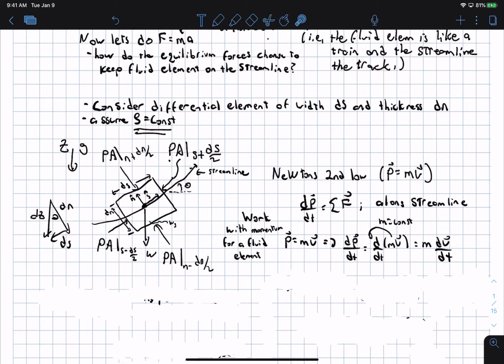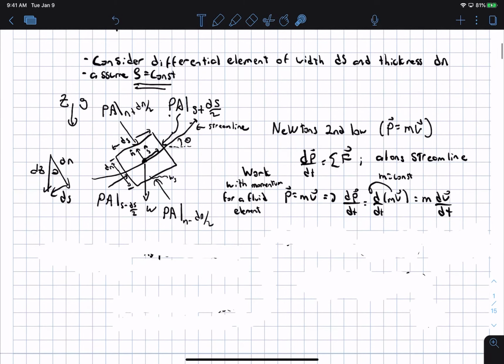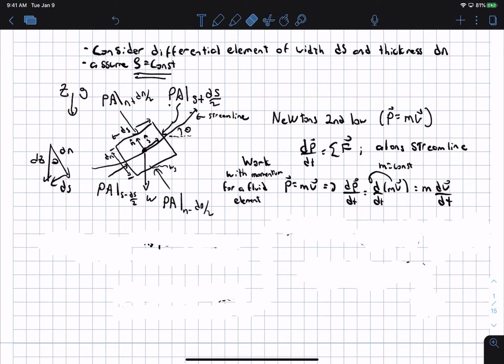But we do need to be very, very careful, okay? We can't just say, yes, we have completed the dP/dt term. We need to be very careful because the velocity in the streamline is a function of position along the streamline.